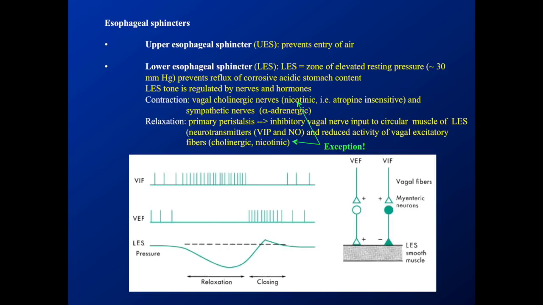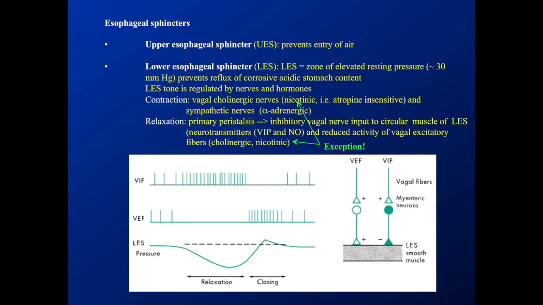And so we can see here at the bottom this graph of how relaxation and contraction occurs in the sphincters. You have vagal inhibitory fibers on the top and vagal excitatory fibers on the bottom, and under normal conditions the sphincter is contracted and there's basal excitation that maintains this.